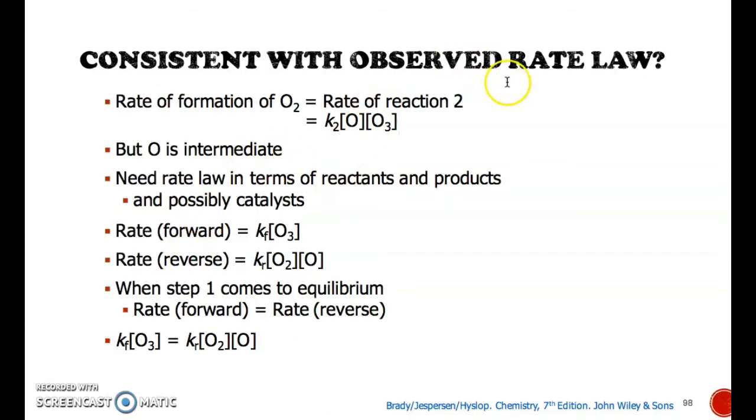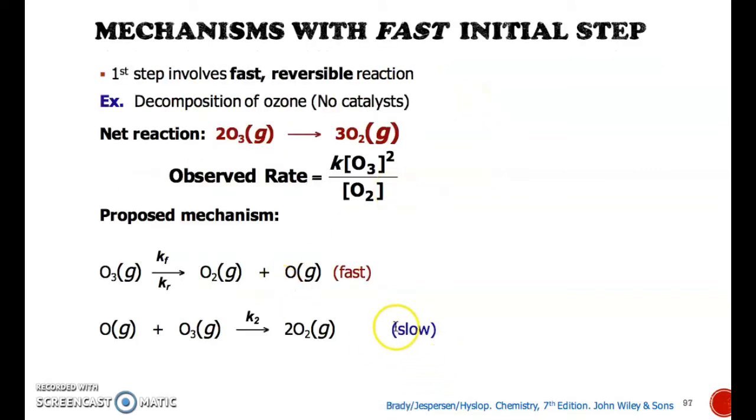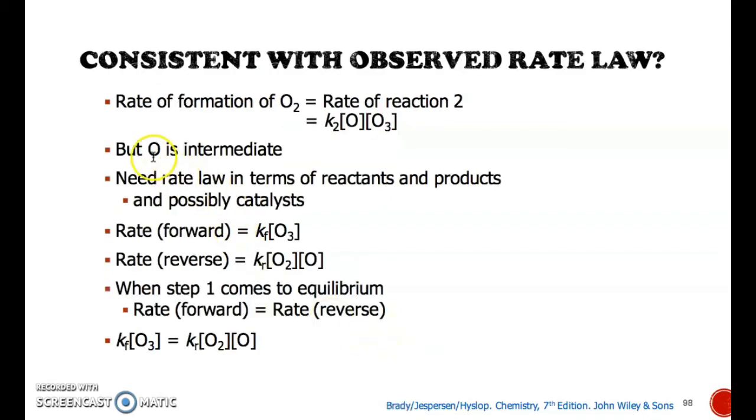Consistent with the observed rate law, the rate of formation of O2, the rate of reaction 2. So look at this. Because this is the slow step, but O is an intermediate, we need the rate law in terms of reactants and product, and possibly catalyst.